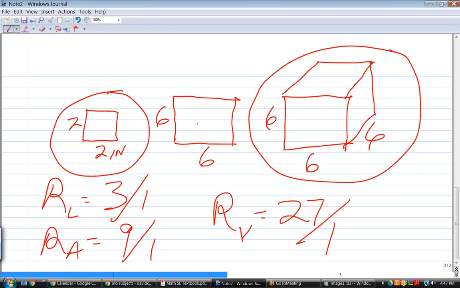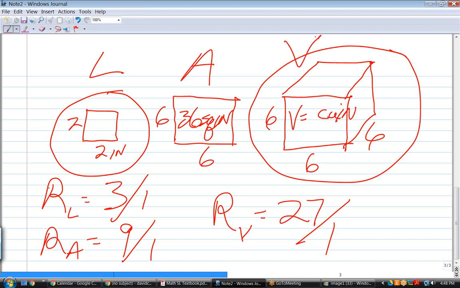Well, when I'm measuring area, I'm measuring it with square inches. And when I'm measuring volume, I'm measuring it with cubic inches. So that lets you know whether you're linear, area, or volume.